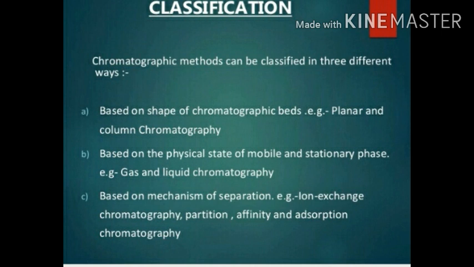So you have to study in detail the chromatography based on the shape of the chromatographic bed, planar or column, and based on the physical state of the mobile and stationary phase, gas chromatography and liquid chromatography.